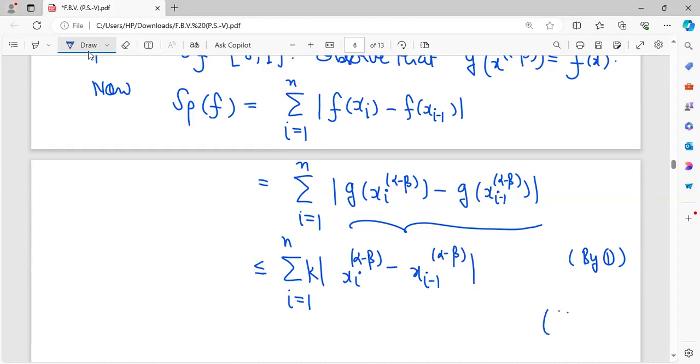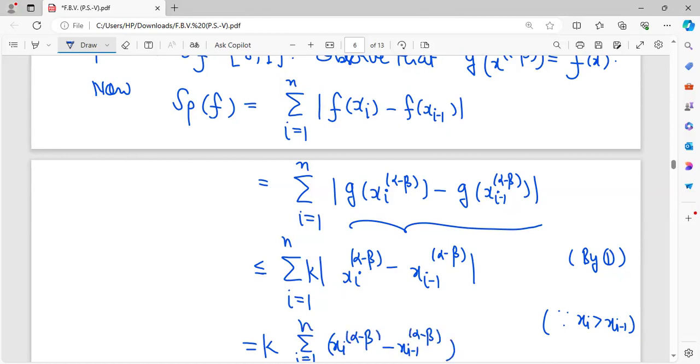But xi is greater than x(i-1), and alpha minus beta is greater than 0, so the absolute value can be dropped and this is k times the summation of xi to the power alpha minus beta minus x(i-1) to the power alpha minus beta.